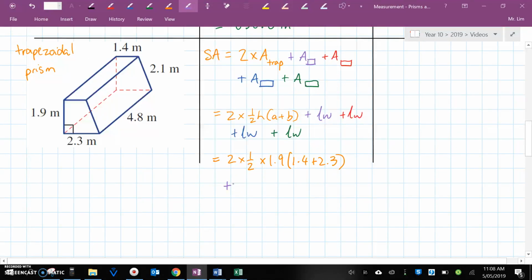The largest rectangle is 4.8 times 2.3. The next largest is 4.8 times 2.1. The next is 4.8 times 1.9. And the smallest is 4.8 times 1.4.